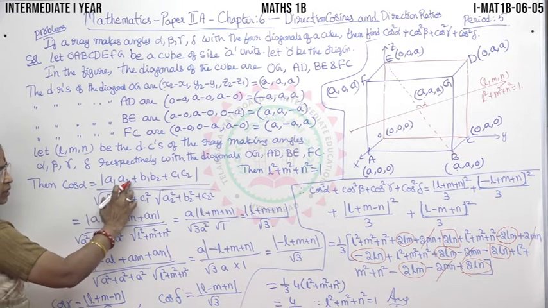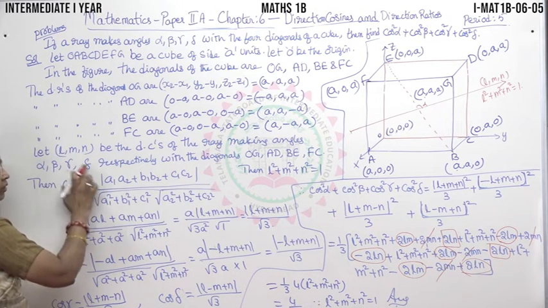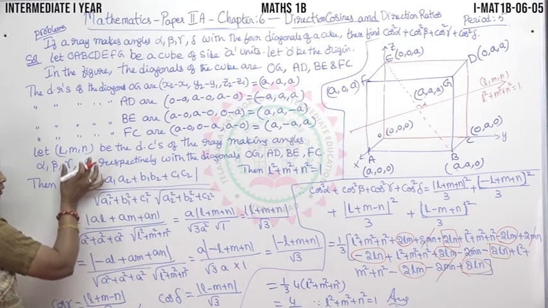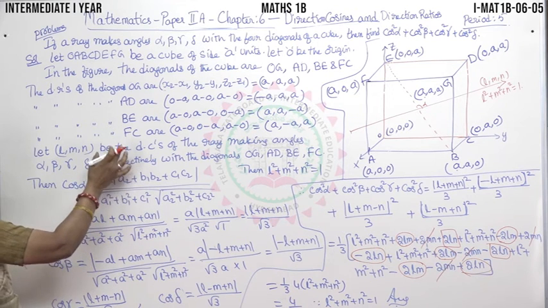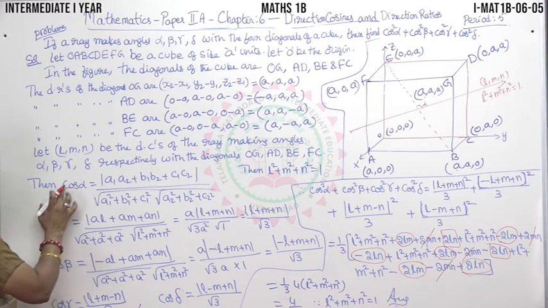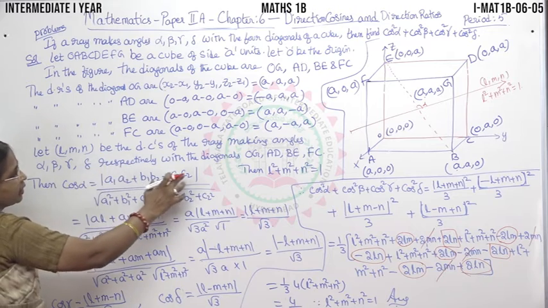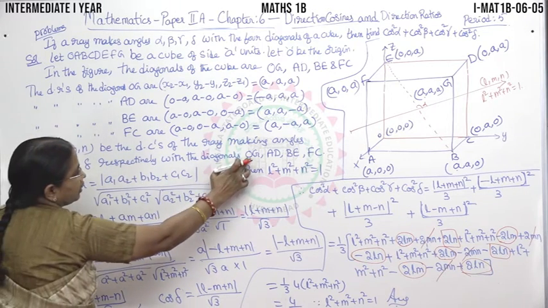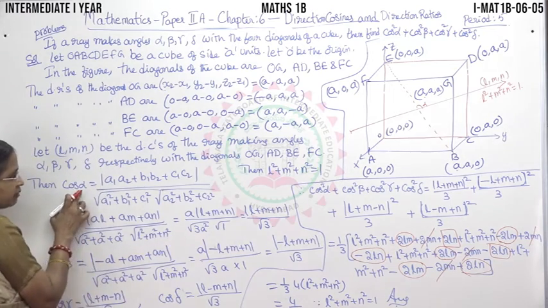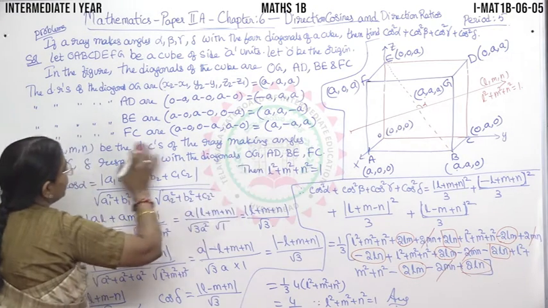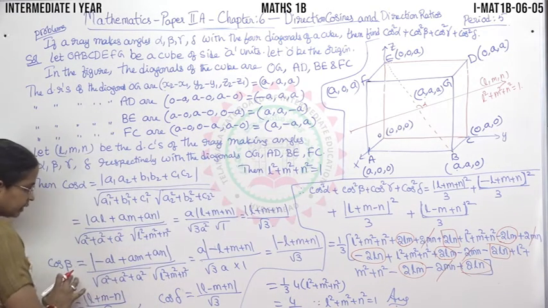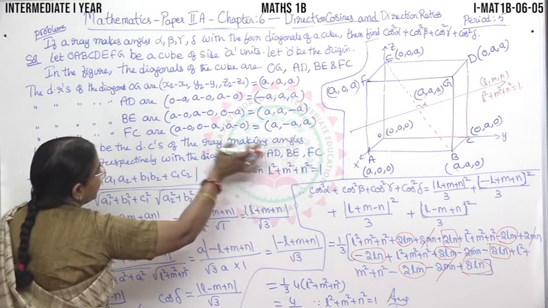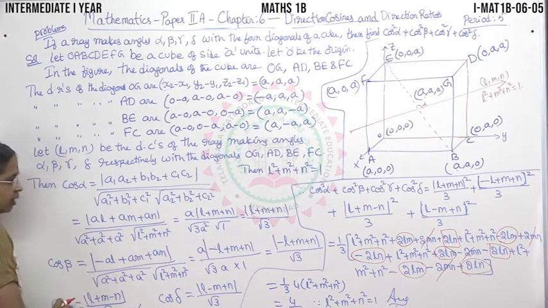The cos alpha formula is A1 A2 plus B1 B2 plus C1 C2, where A1, B1, C1 are the direction cosines of the diagonal. One diagonal is OG, another one is the ray. So the angle between OG and the ray is alpha. The angle between AD and this ray is beta. The angle between BE and this ray is gamma, like that.